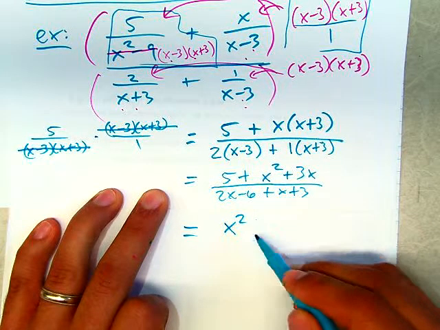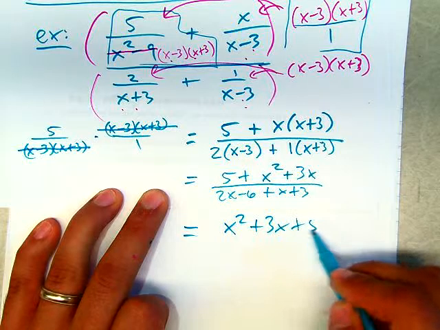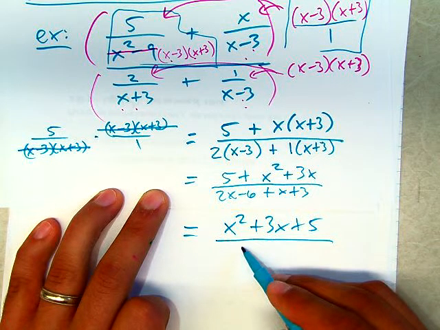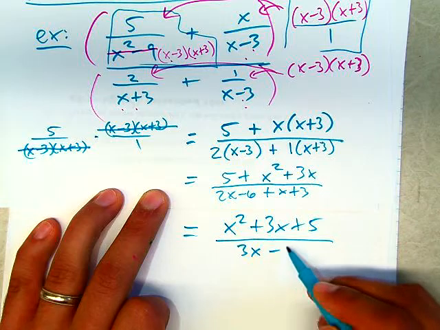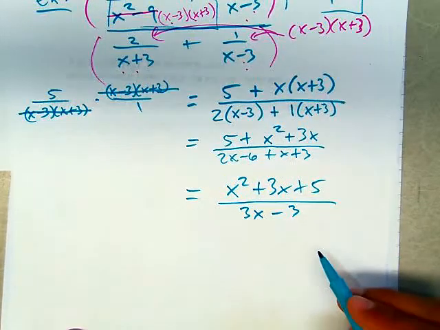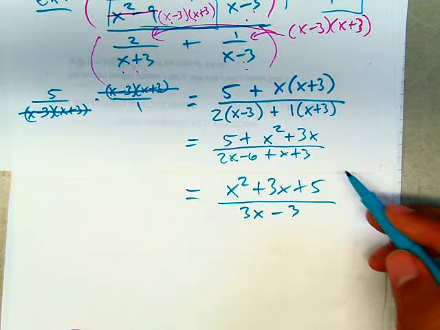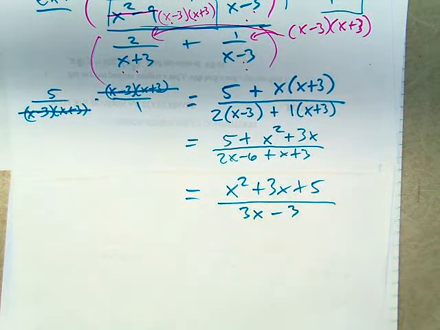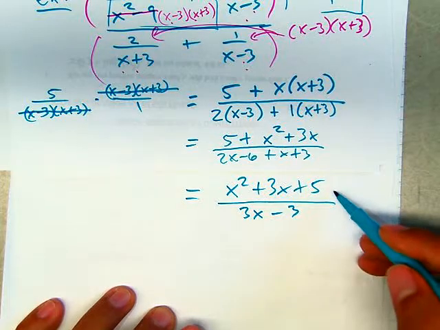So if we clean things up as much as possible, I don't see anything really happening here. Well, we get 3x minus 3 in the denominator. Can we factor either of these? Can't factor the top, right?